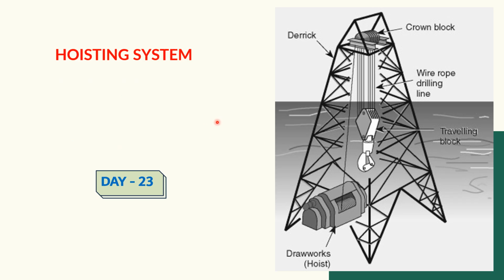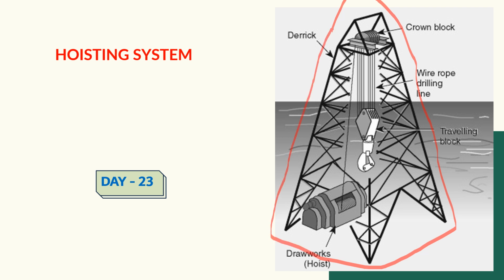Now, today is day 23. We are looking at one image on our screen. This vertical structure is called the derrick or the mast. What we have over here is the crown block.